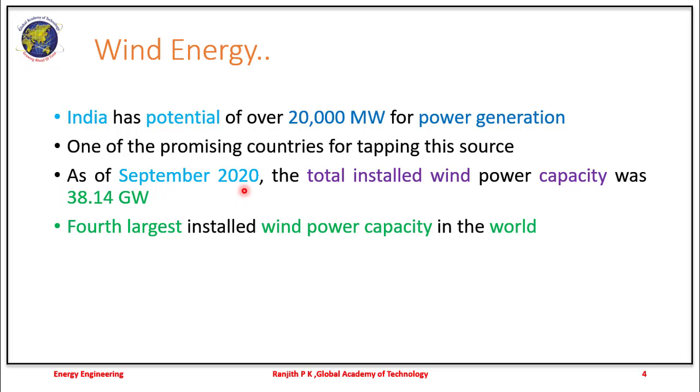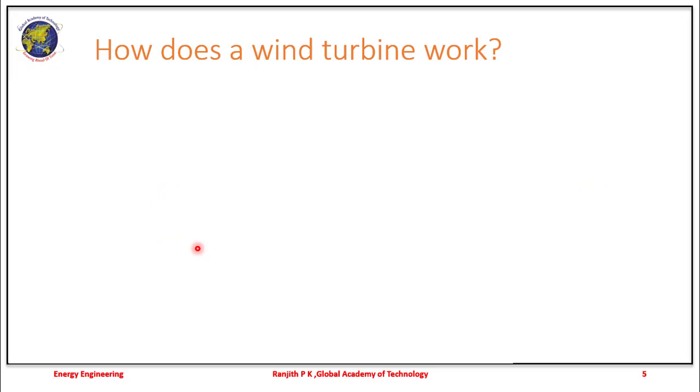As of September 2020, the total installed wind capacity was roughly 38 gigawatts. We stand fourth largest in terms of installed wind capacity compared to other countries. So, in order to understand how a wind turbine works, here is a quick video for a better understanding.